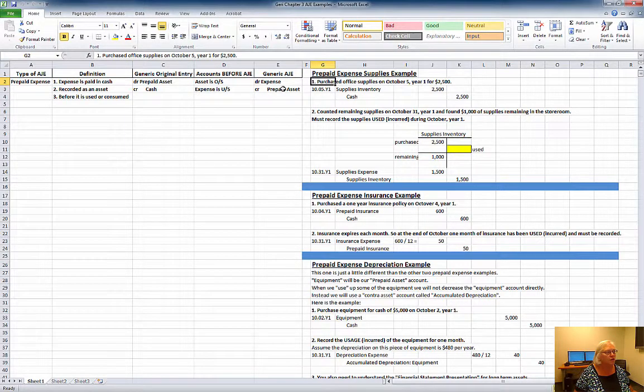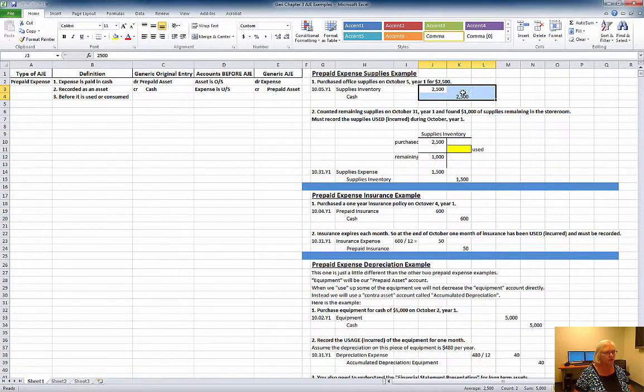So you're going to make the original entry where we debit a prepaid asset, supplies inventory. Most of the textbooks just call it supplies. I like to go ahead and put the word inventory behind it because that tells me that is the asset for supplies. And credit cash for the amount we paid, which was $2,500.